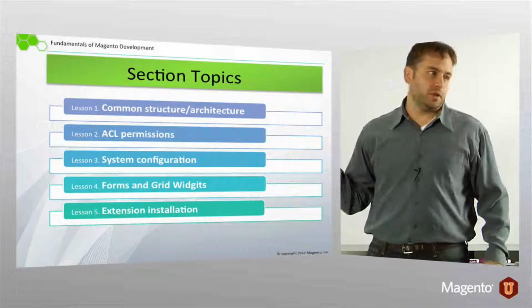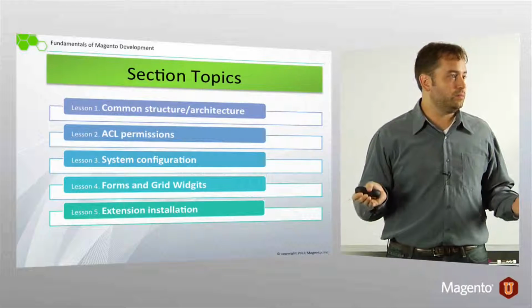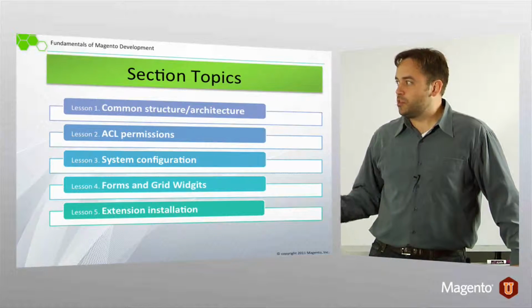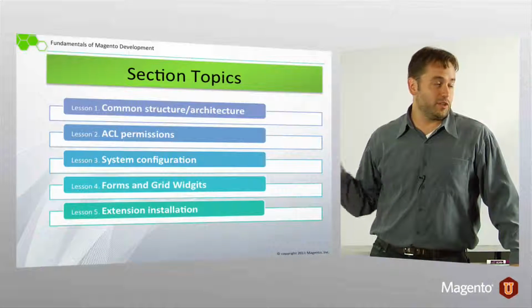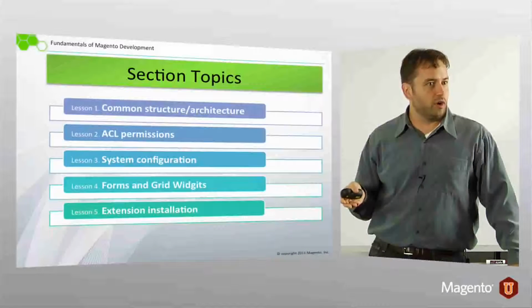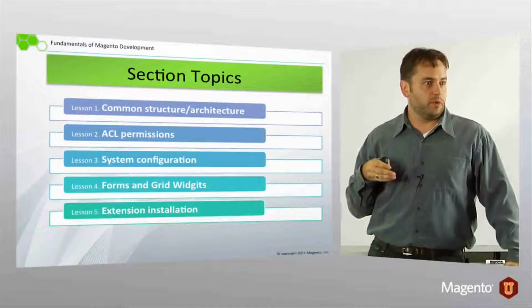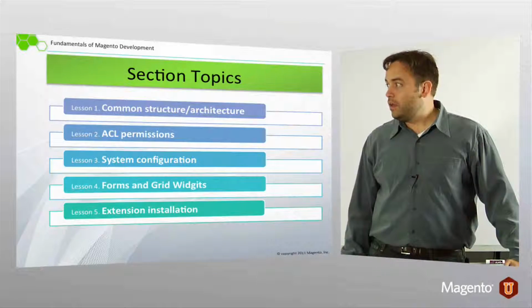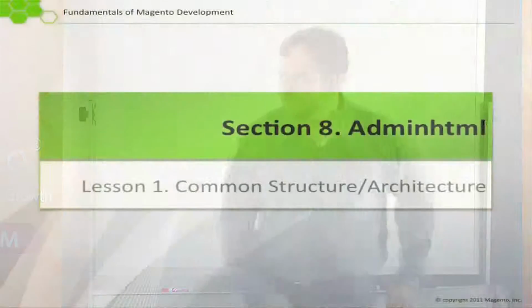That whole panel is built via XML. And then we have the big lesson, which is forms and grid widgets. So we'll look at using our module that we've been working on and building an administration piece in the back end for it. And then we'll touch briefly at the end on extension installation, and I will probably field some questions from you guys about anything that you can think about.